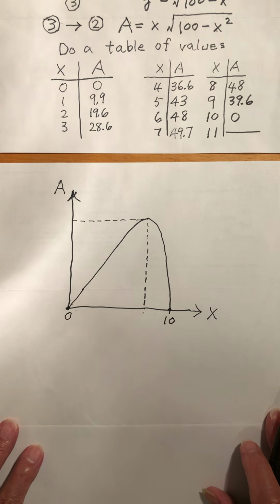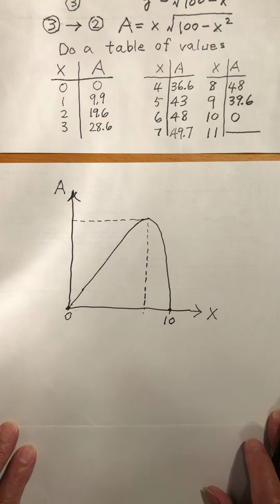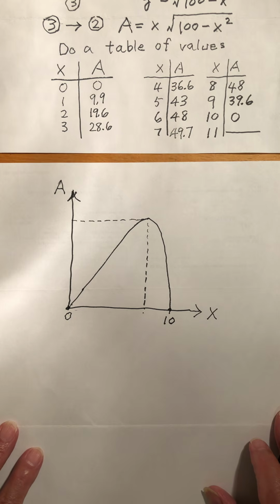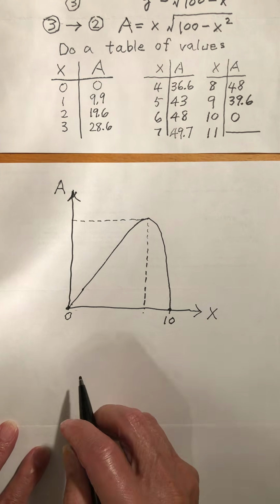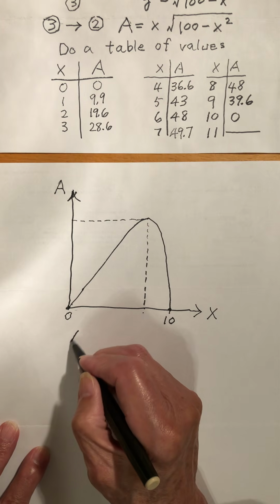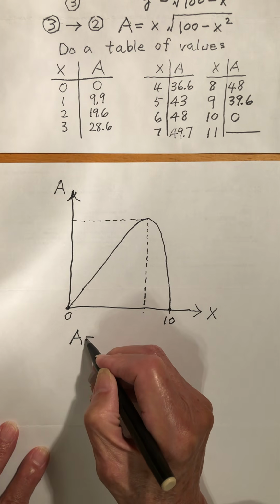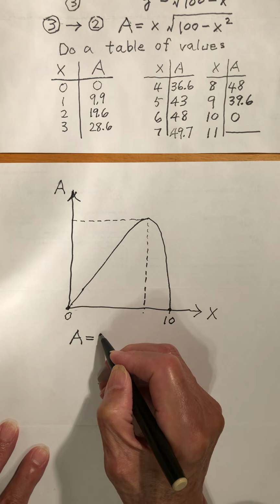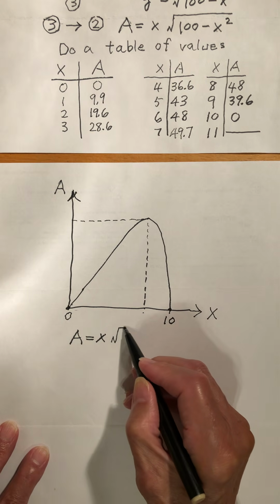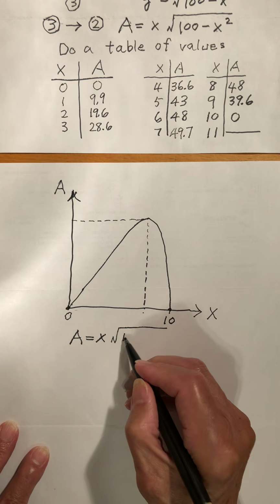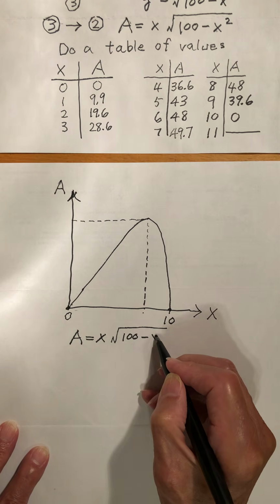So let's do this using calculus. So I start from the area. Area is x times the square root of 100 minus x squared.